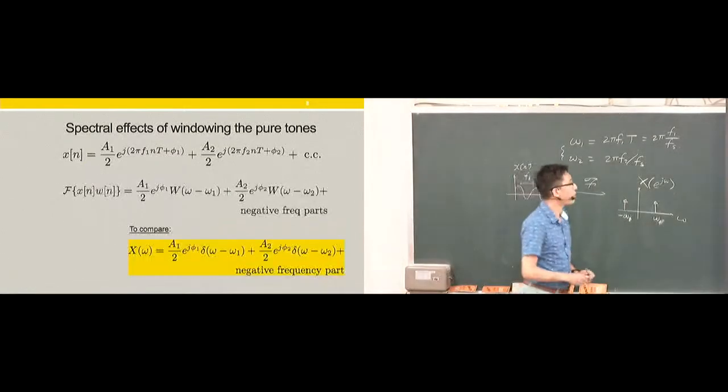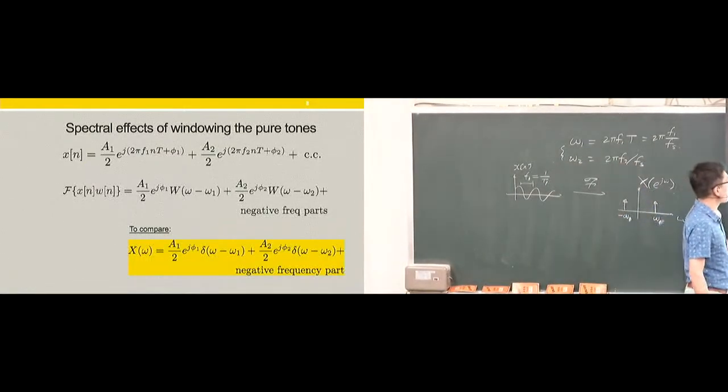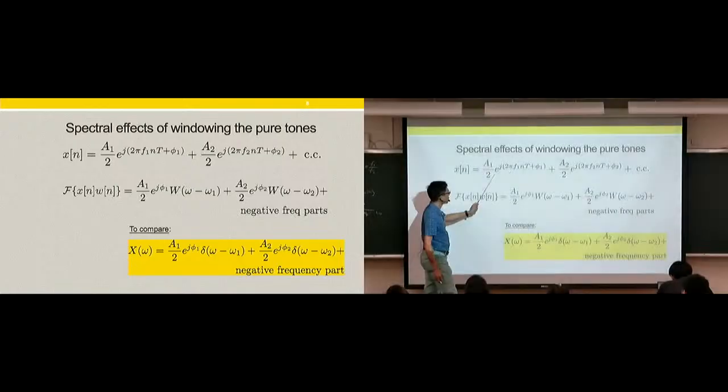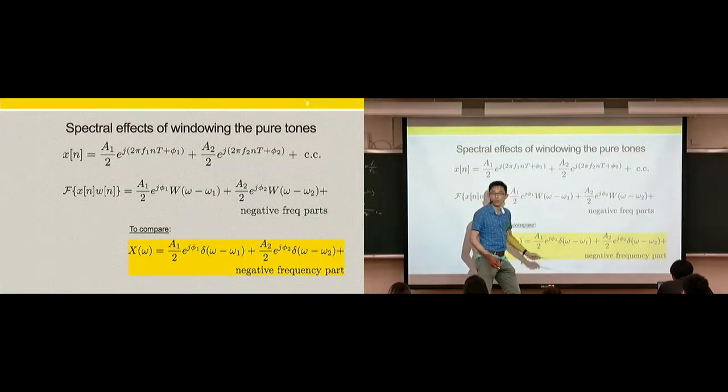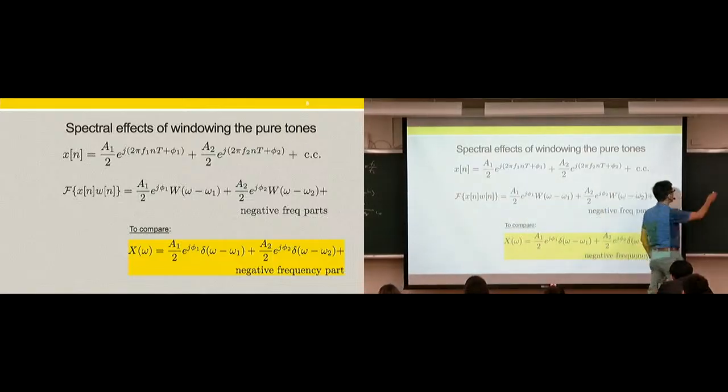So next part, now we know that x is just written as cosine, right? Cosine is one component right here plus their complex conjugate. CC stands for complex conjugate. Let me write it down.